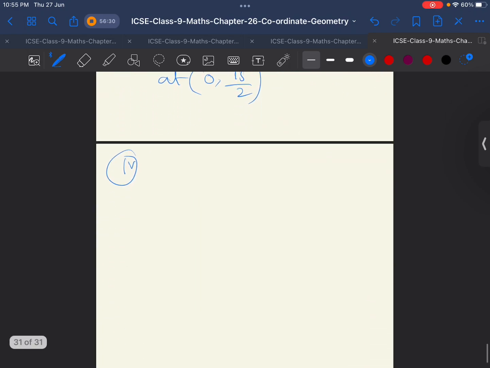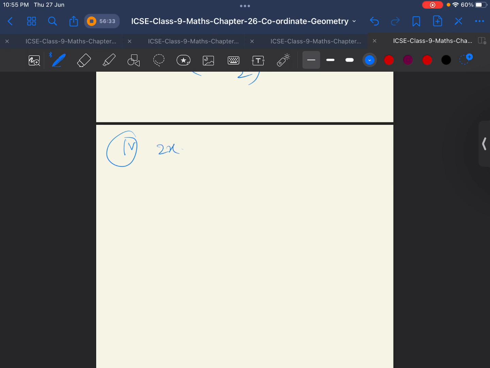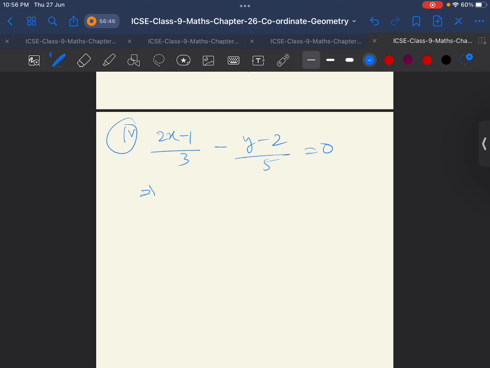Then question number 4. (2x - 1)/3 - y/2 = 5 = 0. Okay, then we get here, this implies (2x - 1)/3 equals, we are shifting this y/2 to the right hand side, then we get this.